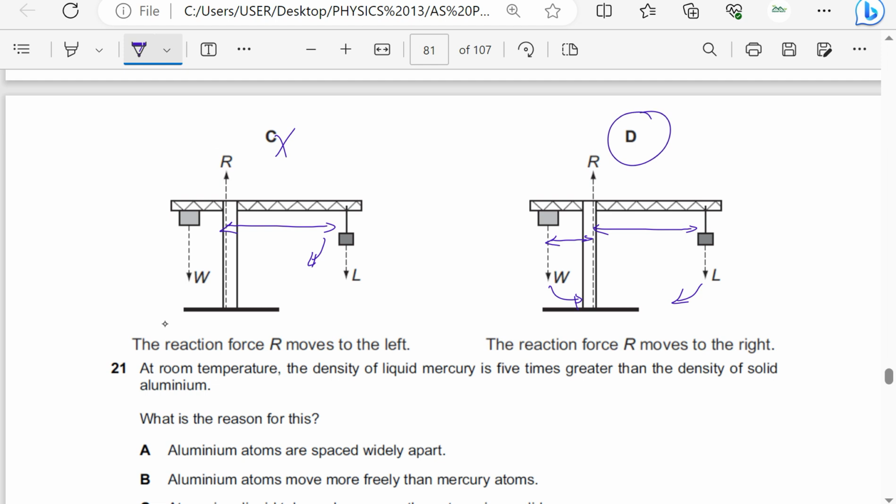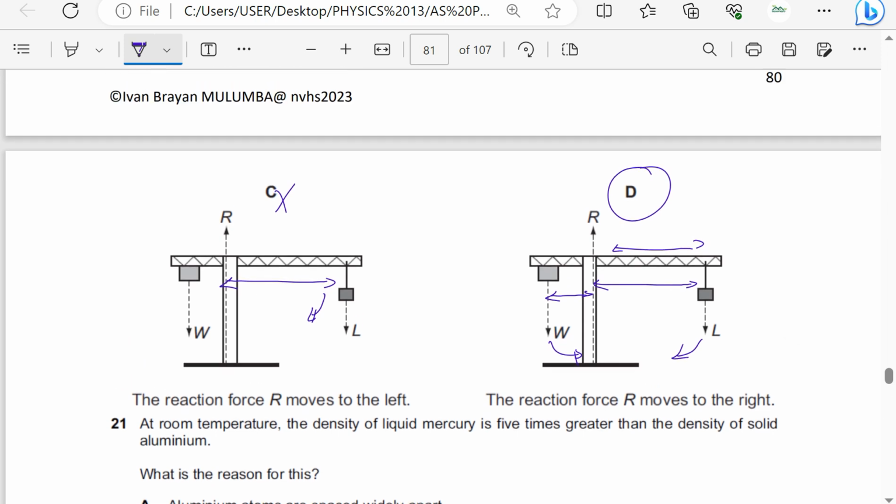So if the clockwise moment increases, the reaction force R must move towards the right to tend to reduce the clockwise moment, or to tend to increase the anti-clockwise moment to counter the increase in the clockwise moment.